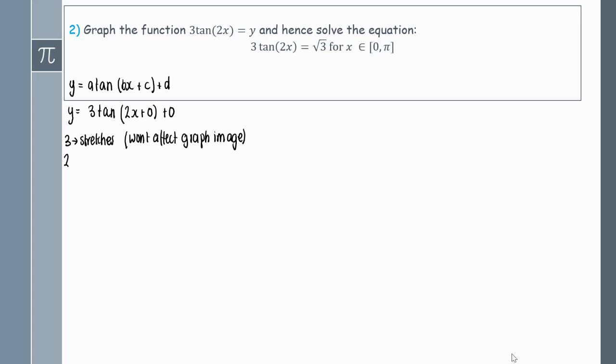Okay, the period comes from my b value. So the period is pi over b, or pi over 2. That means it takes pi over 2 units to begin again, and we keep adding on those pi over 2 units.